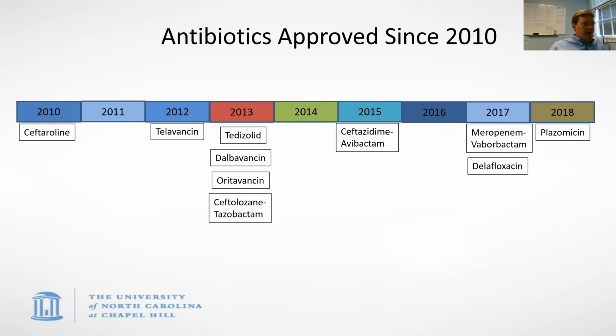The important one there is ceftolozane tazobactam, which really broadened our armamentarium against resistant Pseudomonas. And then ceftazidime avibactam was the first beta-lactam class drug that was really focused on carbapenem-resistant organisms. And then meropenem vaborbactam was added last year. Delafloxacin is really targeted more at skin and soft tissue infections.